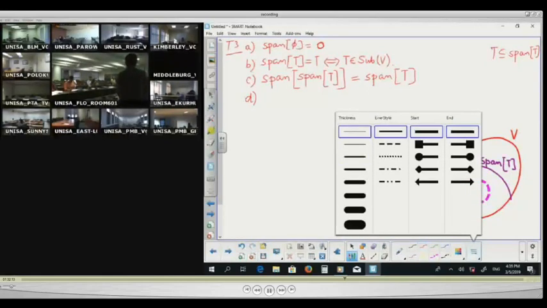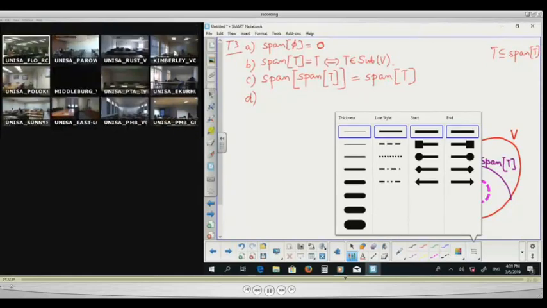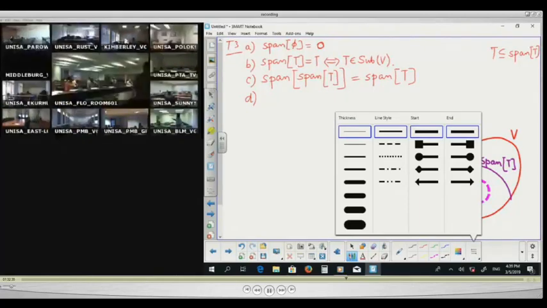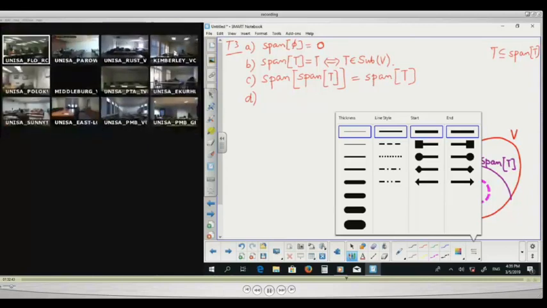But it is written on the operator that T is a subset of span T. So there, yes, when you are calculating the span T once, then it becomes that thing.